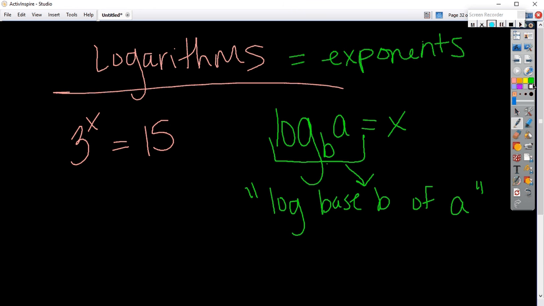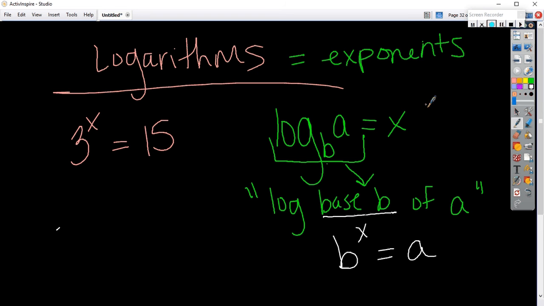All right, so if this is what the log looks like, log base b of a equals x, then an equivalent equation would be b to the x equals a. These are the exact same thing, they're just written a different way.